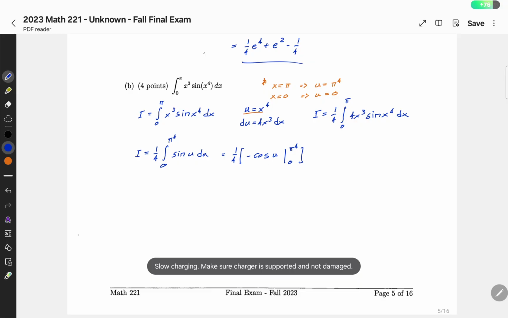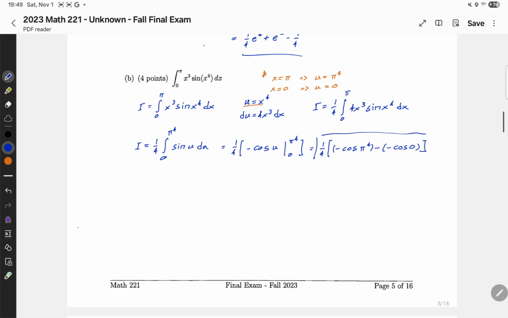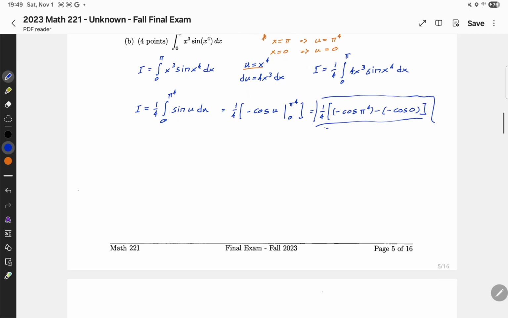And from here, we can say this is equal to 1/4 times a minus cosine of pi to the 4th, minus a minus cosine 0, just like that. And I think that looks about right. So again, this is where I would stop if I was taking my exam. Why bother risking those arithmetic mistakes? But I'll simplify just in case you did it a little bit differently.